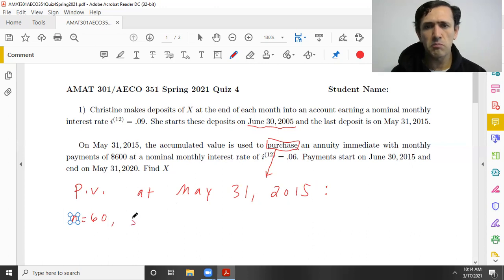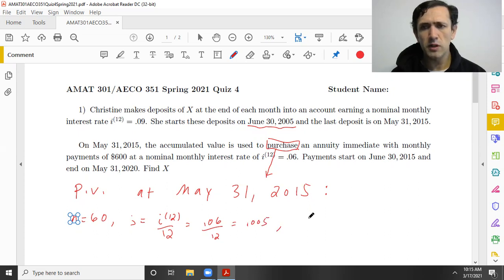So the actual monthly interest rate, j, is i12 over 12. I'm going to make sure I got the number of zeros correct: 0.06 over 12 is 0.005.